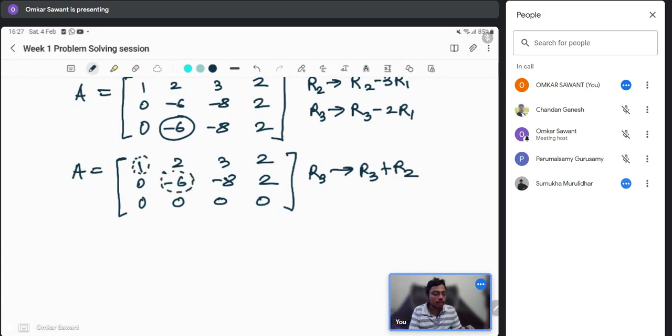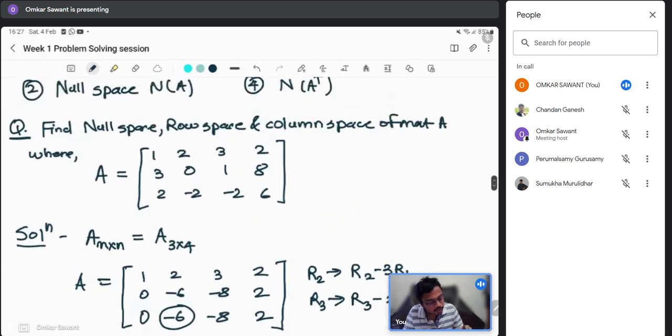Whatever this pivot element is, this will form your basis vector, okay? And the remaining two, this consists of x1, x2, x3, x4 column vectors, right?